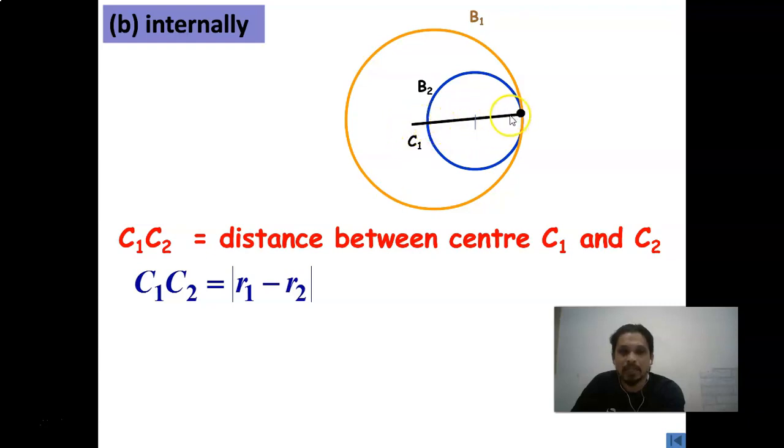This is C1 and C2. The radius R1 is the radius from this center to this point, which is longer than the radius R2 from C2, from this center to this point here.